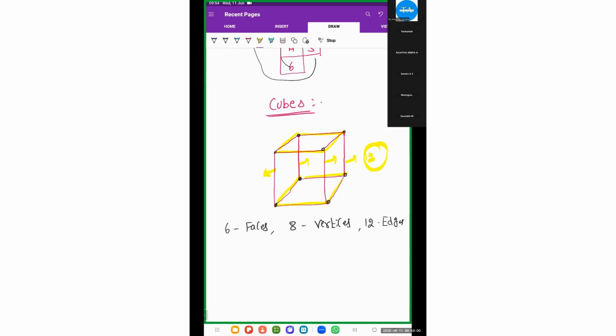I hope you understood my question. It is very simple. Top and bottom are colored. Then how many faces are uncolored? Four. So 4 faces are uncolored.